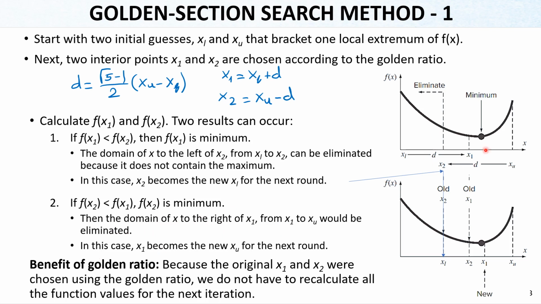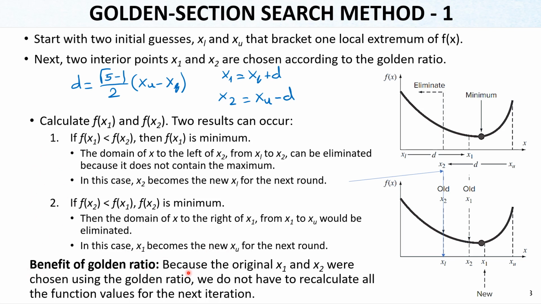It is not seen here, it is a different case, so I'm not able to show it in the graph, but assume that this minimum was found as the x2, then we will remove this part and set x1 as the xu in the next iteration. And that's why x1 becomes the new xu for the next round. So 2 scenarios, we can simply use them to get the minimum.